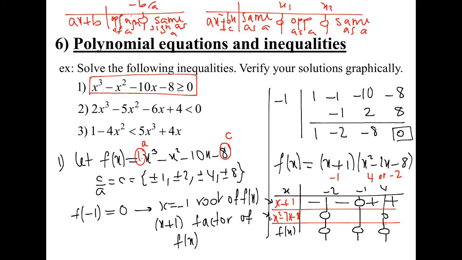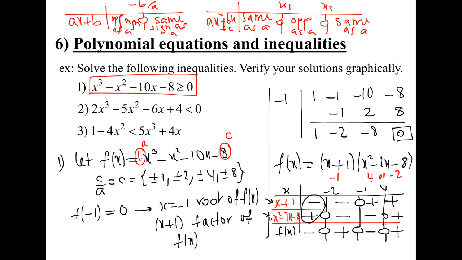So everything between the roots is opposite, and everything outside the roots is the same. Now for the sign of f of x, it's enough to multiply the signs of the corresponding factors. For the first column, we have a negative and a positive, which multiply into a negative. For the second one, two negatives multiply into a positive, then negative with a positive.